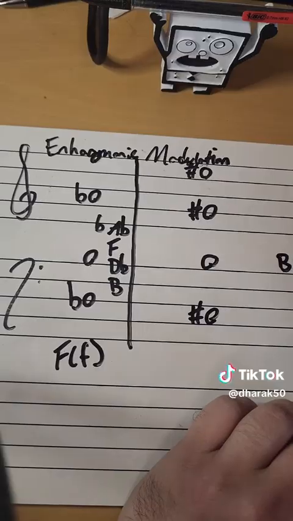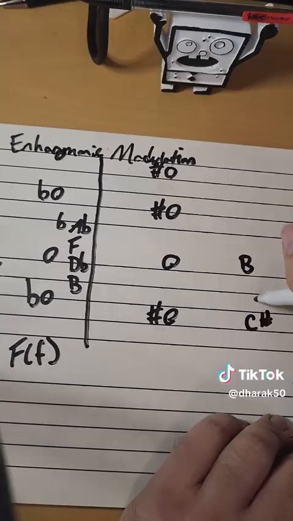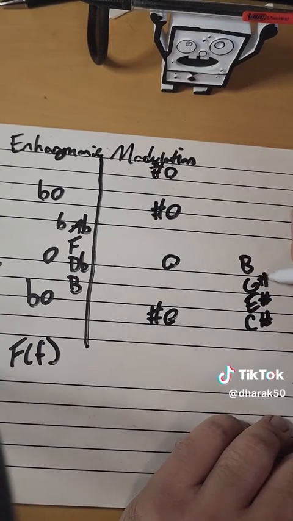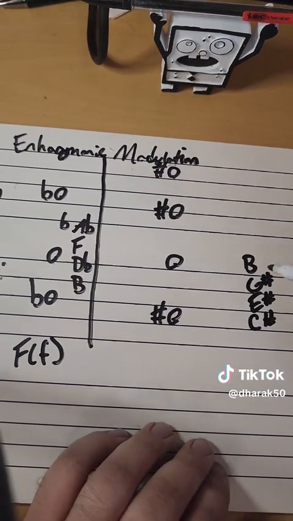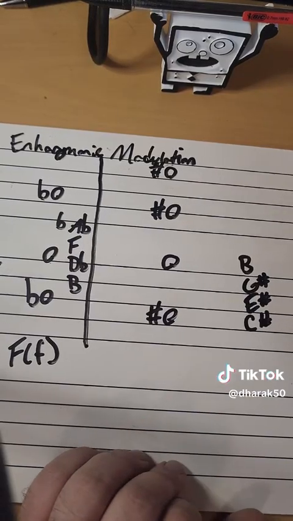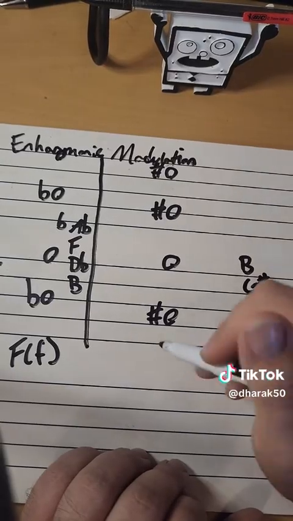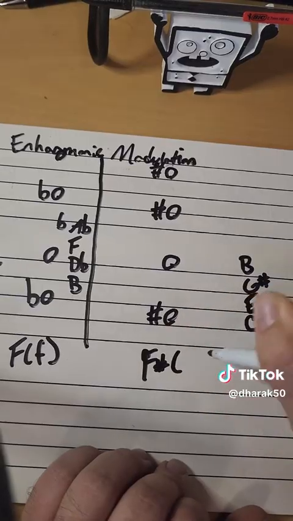So we have B, we have C sharp, E sharp, and G sharp. Now, what key could this then be the 5 of? Good. When you go down from C sharp, you'll get F sharp.